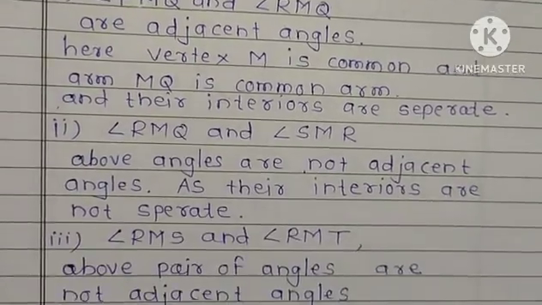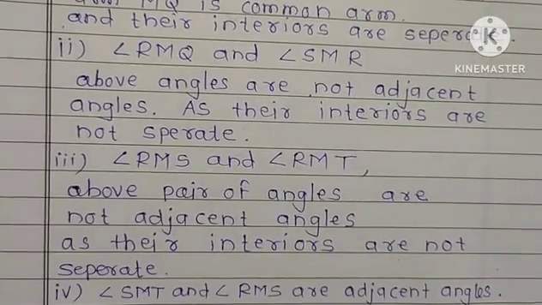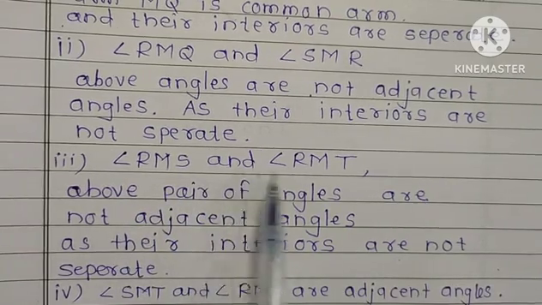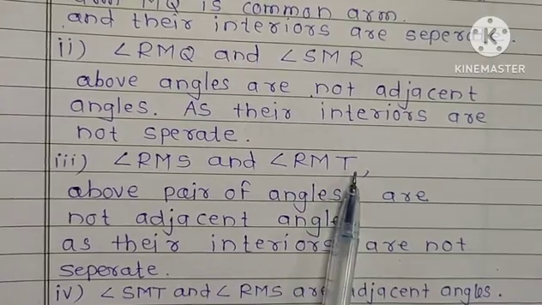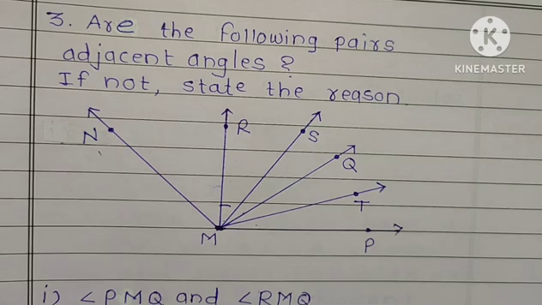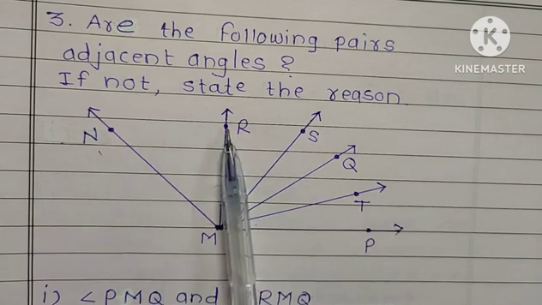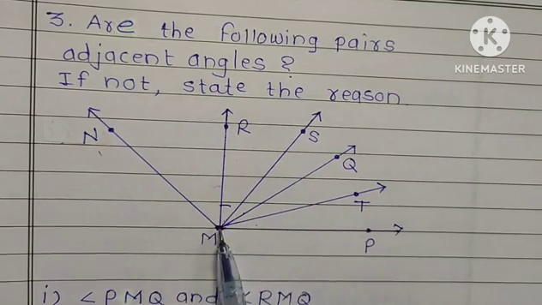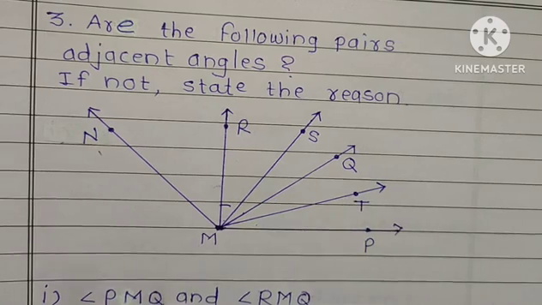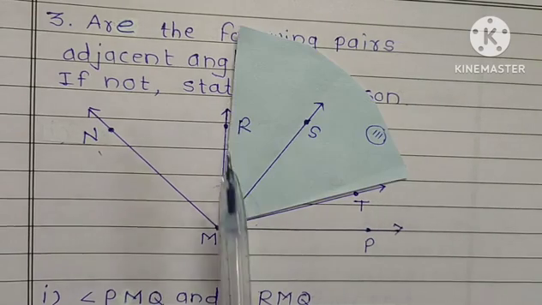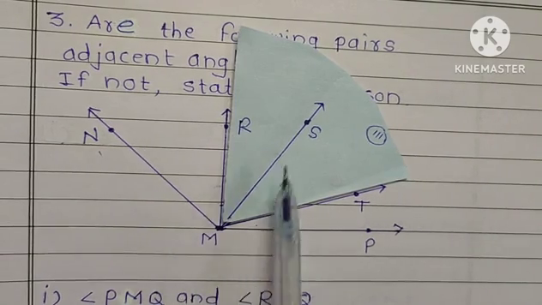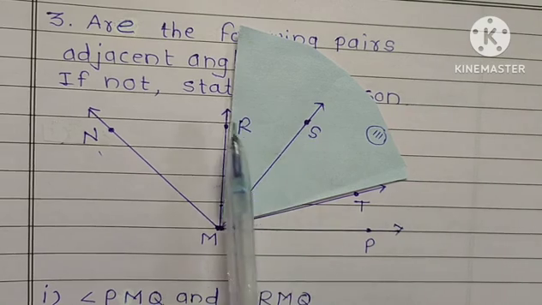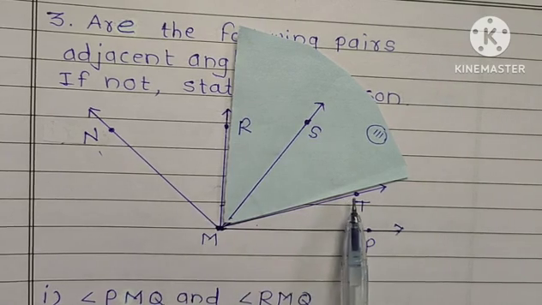Third question. Angle RMS and angle RMT. See, angle RMS and angle RMT. So consider this as angle RMS and angle RMT.